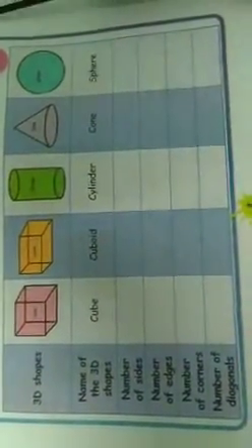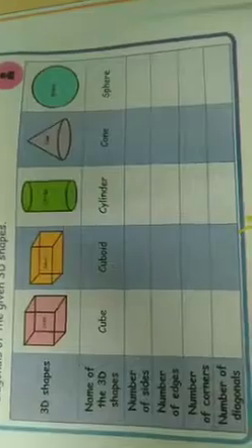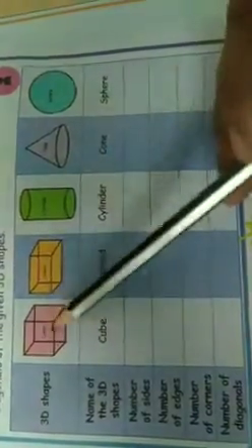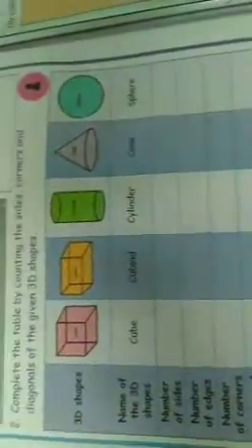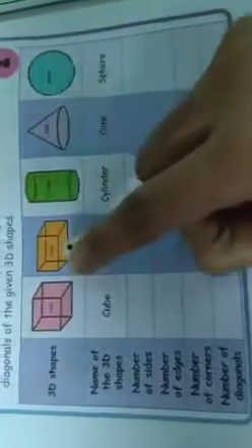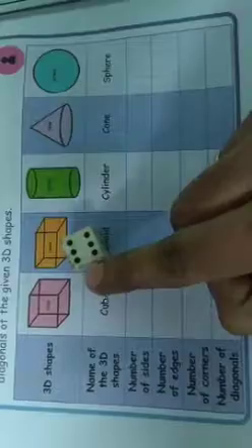Now say the example of cube. You already learned in a previous class, no? What is the example of cube? Yes, dice. Dice is the example of cube. Now count the number of sides. How many sides for cube? That is 1, 2, 3, 4, 5 and back side 6.